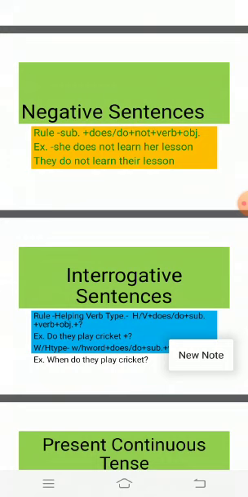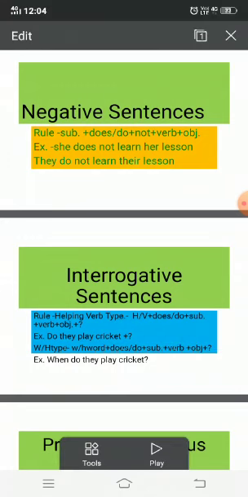If only verb is written, it means you have to use first form of verb. Otherwise, if we need, we can write second or third form. And after that, object. Examples of these type of sentences are, suppose it is singular, she does not learn her lesson. Suppose it is plural, then they do not learn their lesson.